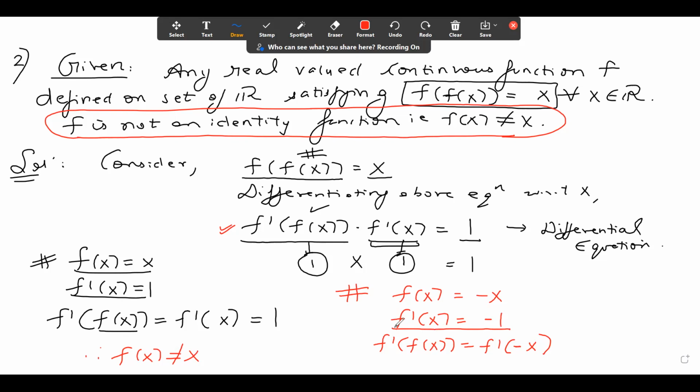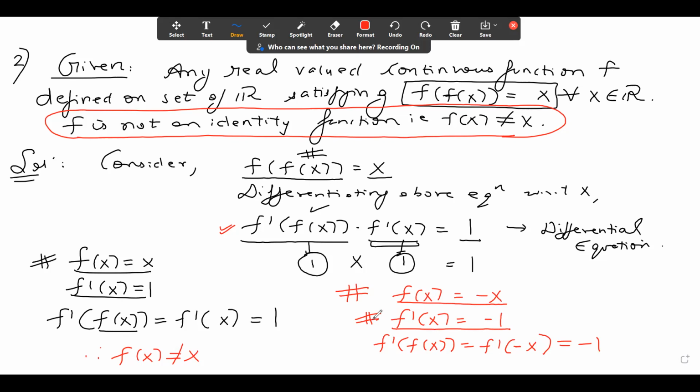So if you find out f dash of minus x, that is also equal to minus 1. f of x is equal to minus x, right? So my f dash x is equal to minus 1. So if I have to find out f dash of f of x, it will be f dash of minus x, which will be equal to minus 1 only.